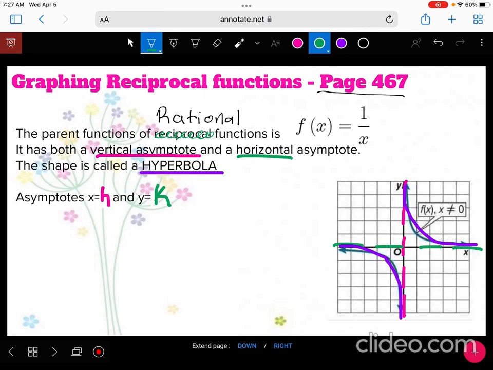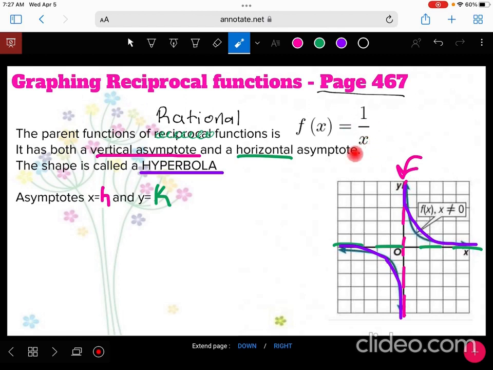Our vertical asymptote, this pink line I have up here, that one is going to be our easiest one to find. Actually, they're both pretty easy to find. Because whenever we have stuff inside fractions like this, there is one time I can guarantee this sucker does not work. What is the one thing in the existence of the universe we cannot divide by? 0.